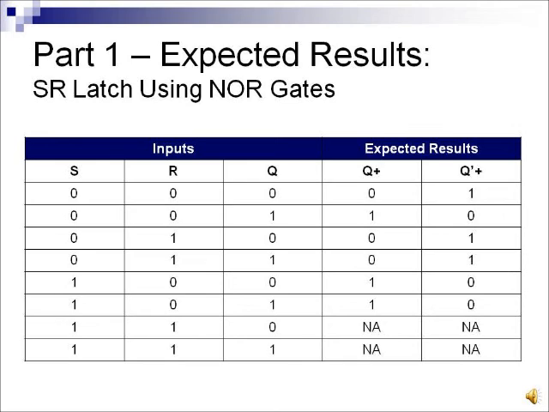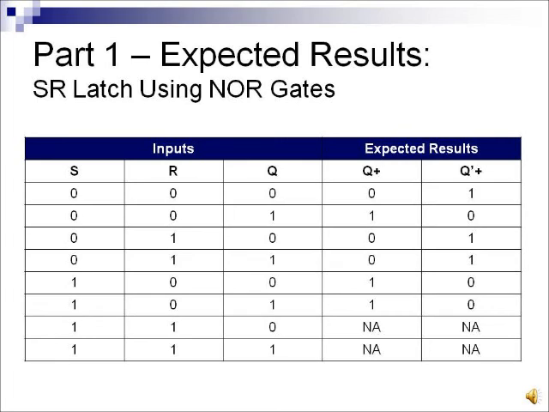In this circuit, S is the set input, R is the reset input, and Q is the current output state. We expect a high value on S to set Q+, or the output, at high. A high value on R will reset the output to a 0 state, and when neither one is asserted high, the output retains its current state.